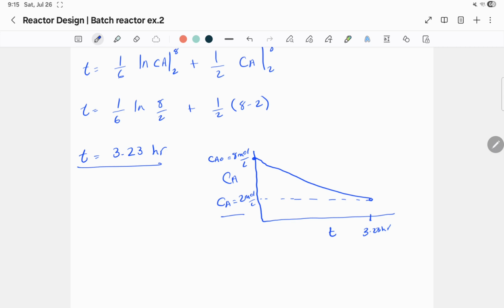The reason it's decreasing is because A is the reactant which is being consumed throughout the reaction to produce the product, which is B.